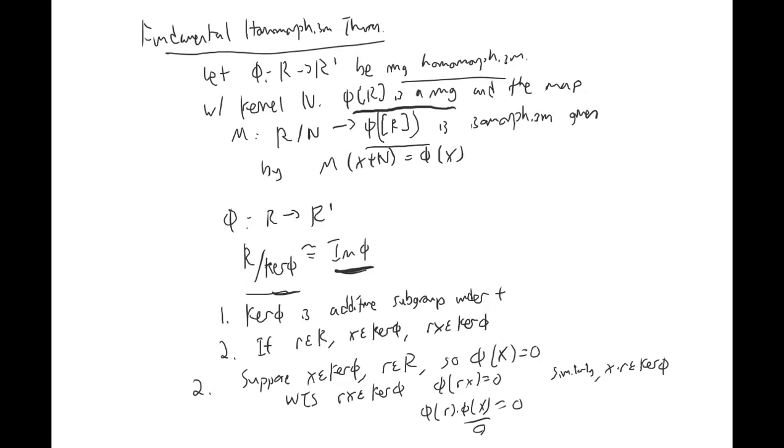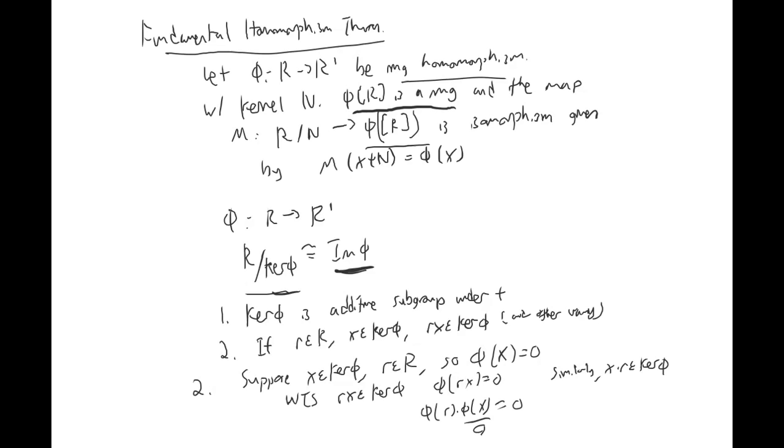But let me say it another way. If the ring's commutative, you don't need to check the other way, because rx is xr. In any case, the fact that it's a subgroup under plus is basically the group homomorphism property.